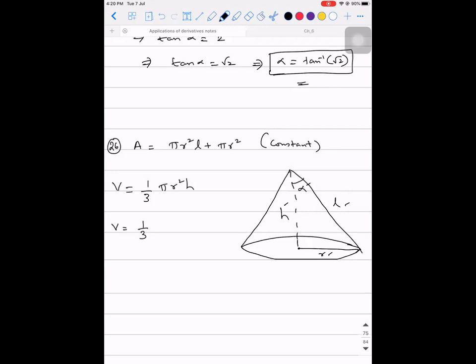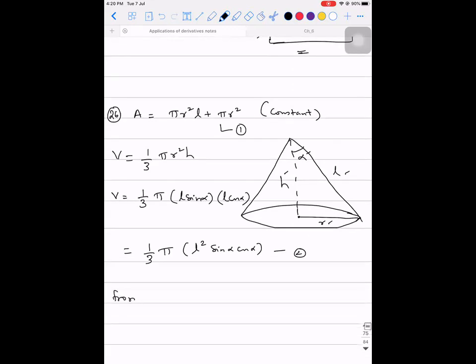So V is equal to 1 by 3 pi into, in the place of R, can I write it as L sin alpha? I'm directly writing it. In the place of H, can I write it as L cos alpha? Right? So this will be 1 by 3 pi into L square sin alpha into cos alpha. Let's take this as equation number 1 and this as 2. From 1, I know that A is equal to pi r square into L plus pi r square.